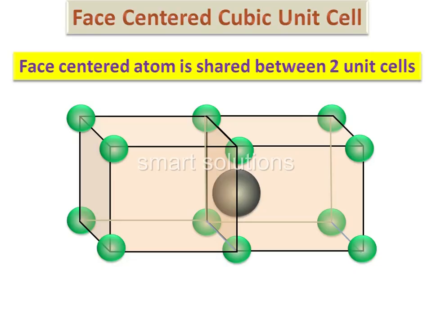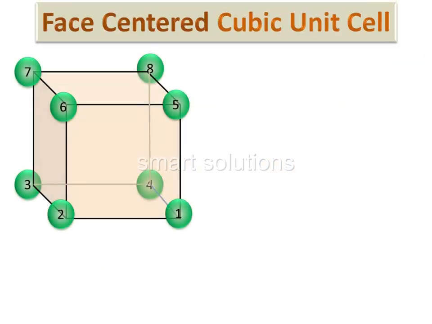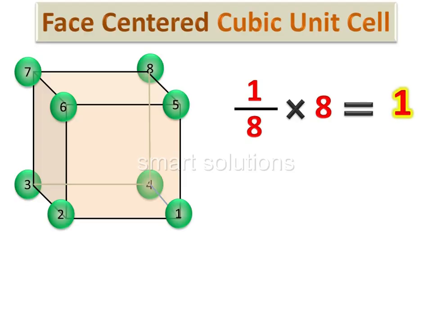Each corner atom is shared with adjacent unit cells, so 8 is multiplied by 1/8, which is equal to 1 atom. We have 6 face-centered atoms, each atom shared with 2 unit cells.